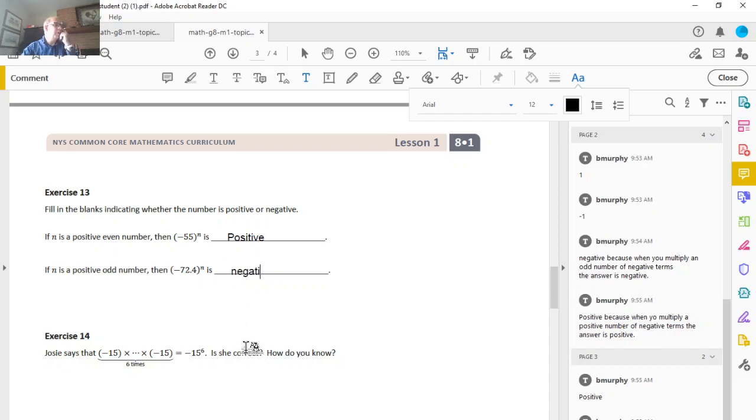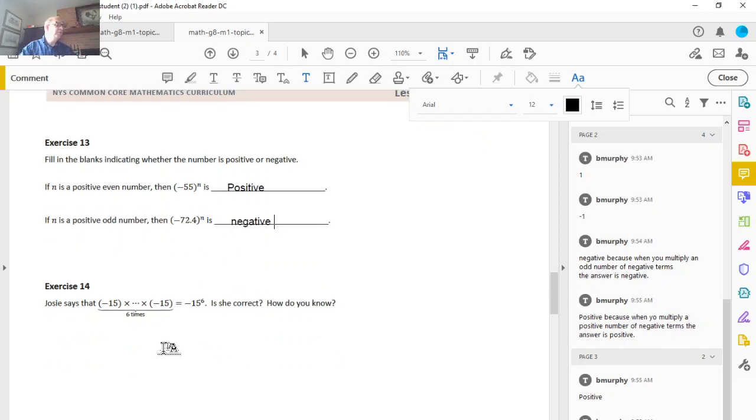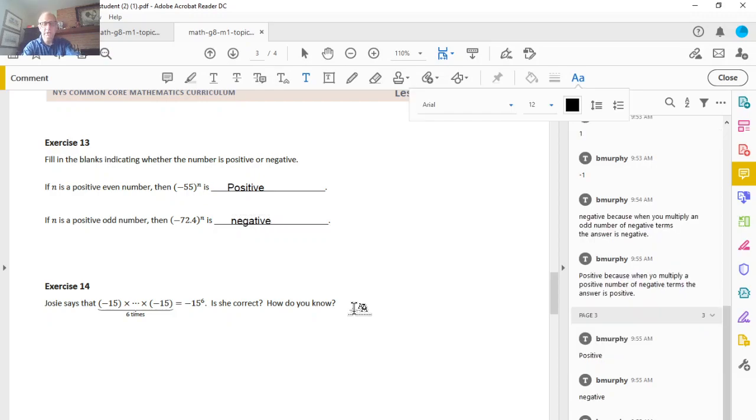Jody says negative 15, 6 times, is going to be negative 15 to the power of 6. Is she correct? Well, she should put the parentheses around that to make sure that we know to keep the negative sign in there as well.